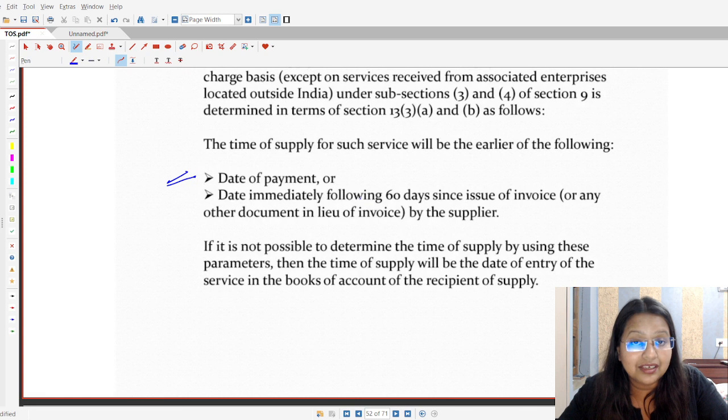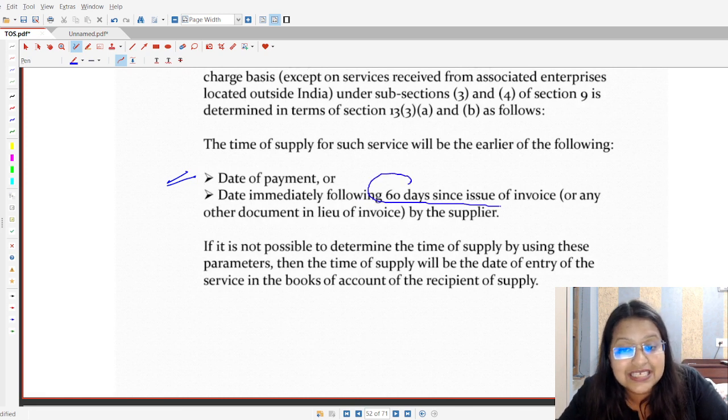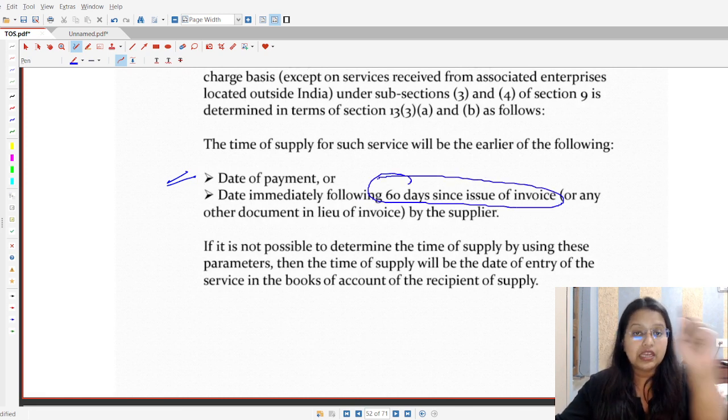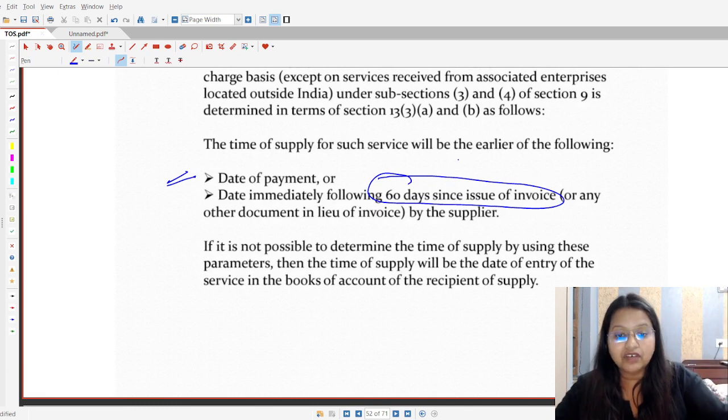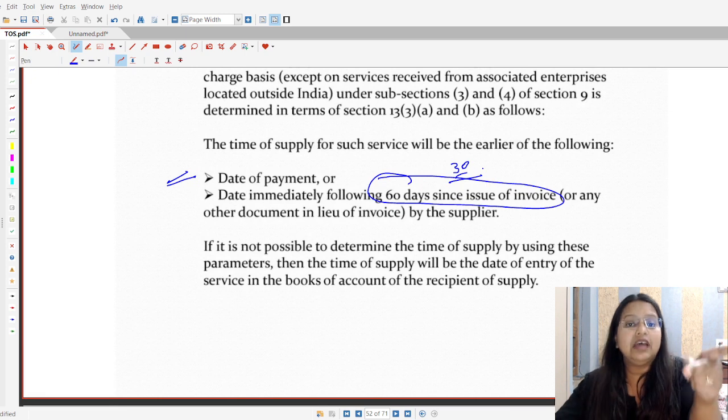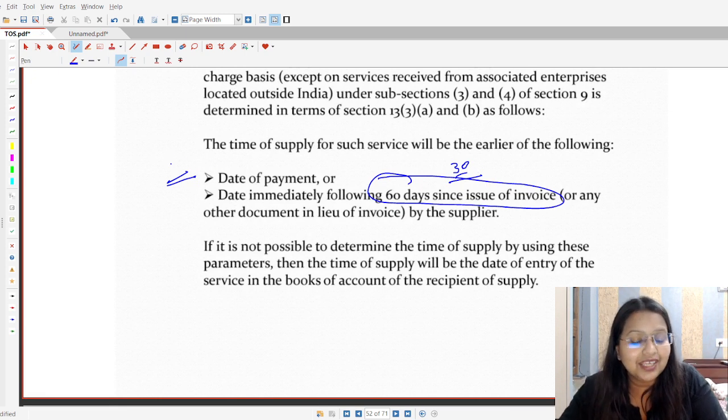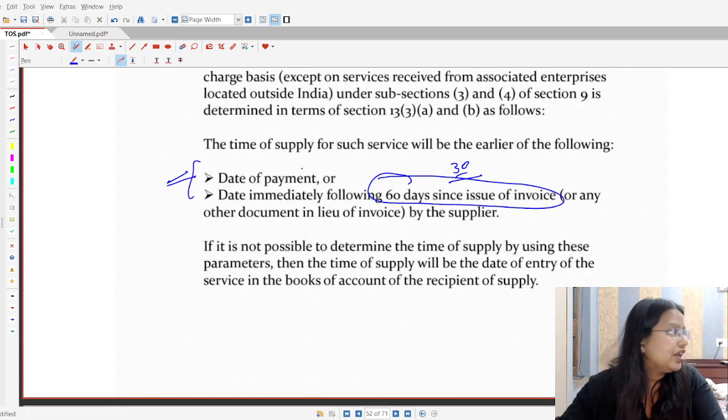Next is the date immediately following 60 days from issue of invoice. Now students, in the case of goods, we have covered the date immediately following 30 days. But in the case of services, it has been doubled, 60 days. That is why there are only 2 points. Okay, you can take it as a memory technique also.